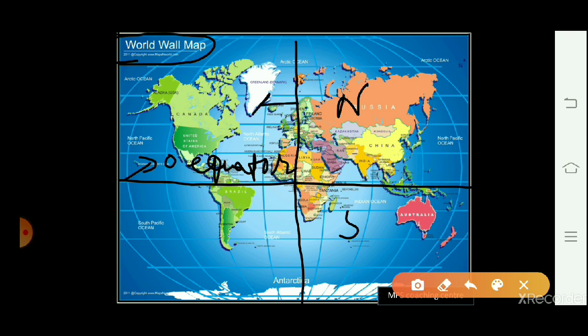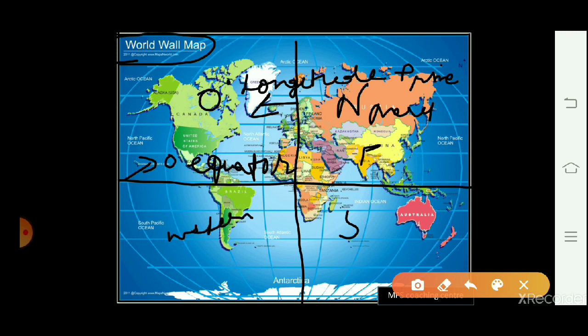In the same way, this 0 degree longitude, which is also known as the prime meridian, divides the earth into western and eastern hemispheres. As we can see, the location of our country is in the northern eastern hemisphere.